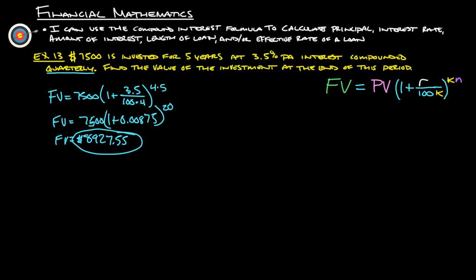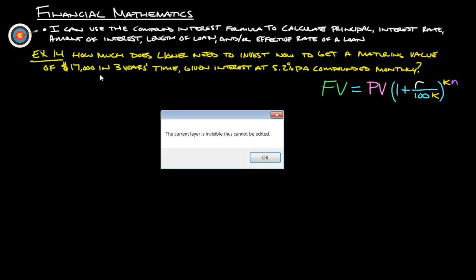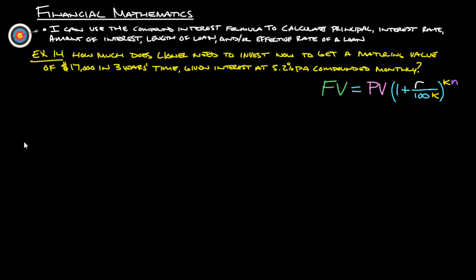All right, let's take a look. Example 14: How much does Lionel need to invest now to get a maturing value of $17,000 in 3 years' time, given interest is 5.2% compounded monthly? So now this $17,000 is going to go into the future value, and we've got to figure out what the present value is.